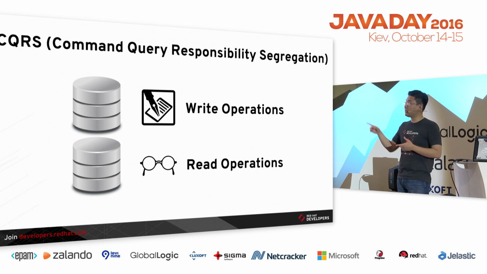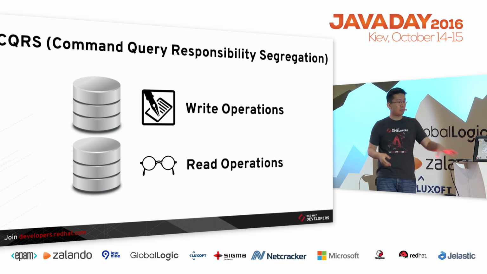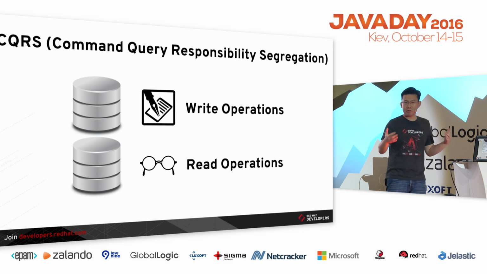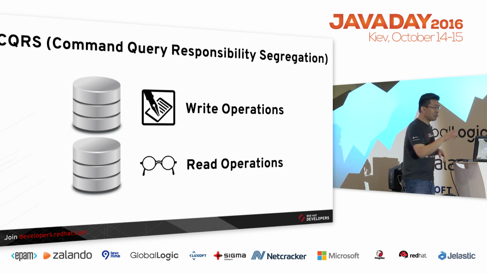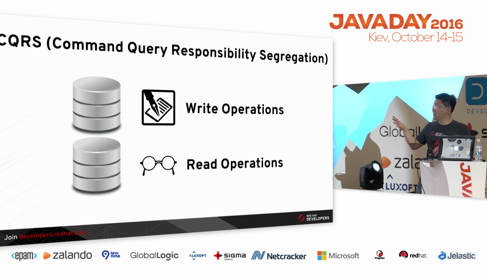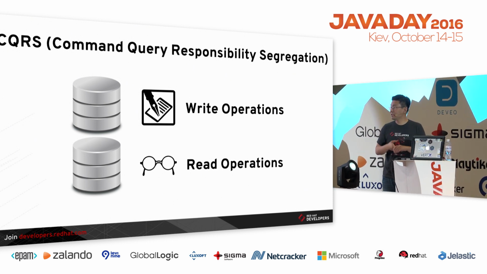We're going to use separate data stores for write operations and for read operations. It means that you're reading your data from a table and that you're writing your data into another table. Okay? It might seem confusing, but it works in practice. I'm going to show you later. I have a very cool demo using Debezium for that.